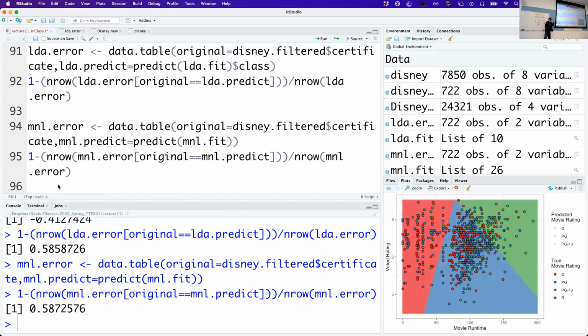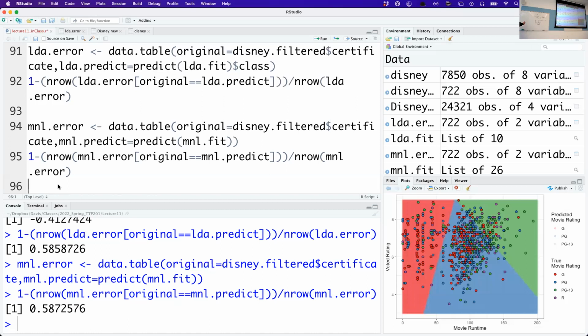Okay, so is that good? It depends on the context. And of course, it also depends on the relative density of your different movies. For example, if 75% of the movies were rated PG-13, then I could just guess that they're all PG-13 and I'd probably have a better error rate just because of the quantity of those movies.